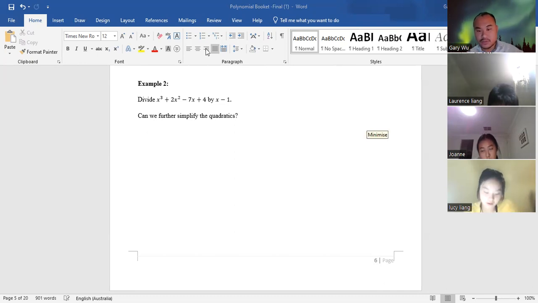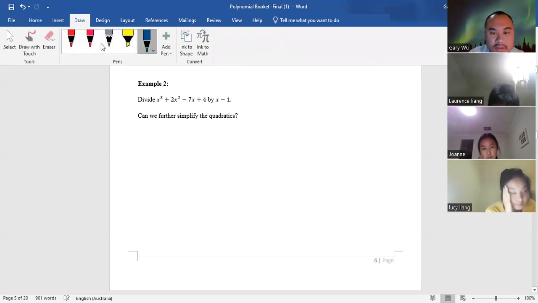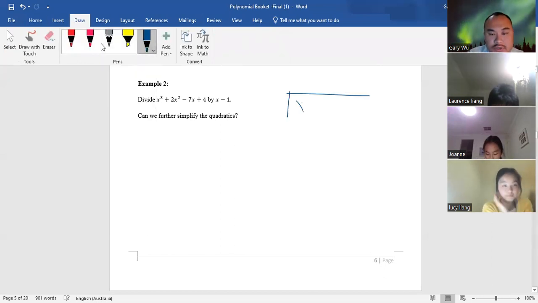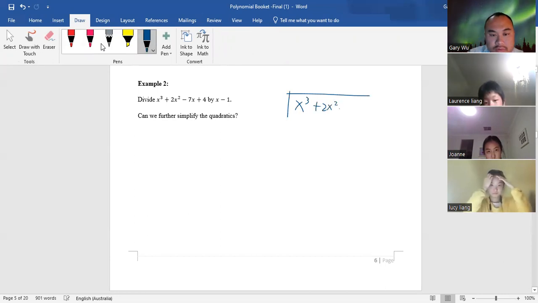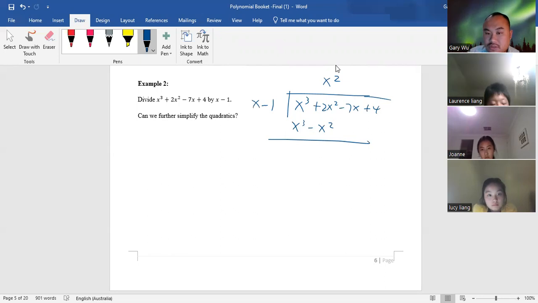Okay, that's good. So let's quickly have a look and see whether you're right or wrong. Let's use long division. First of all, it will be x squared, so that it will be x cubed minus this. And then this minus a negative number means you plus a positive number.